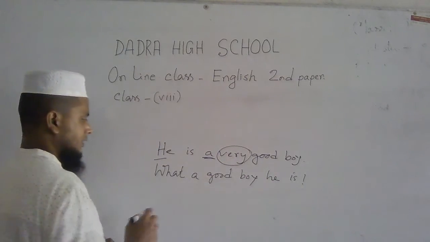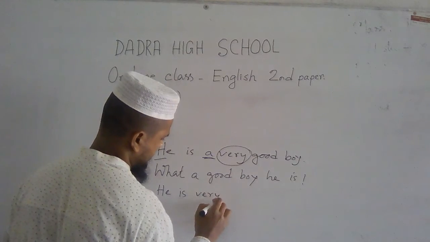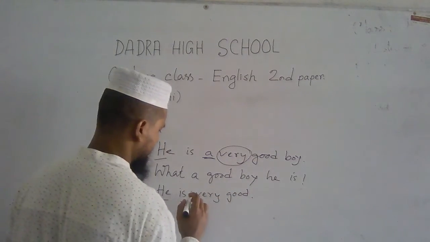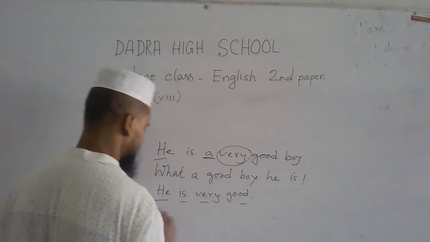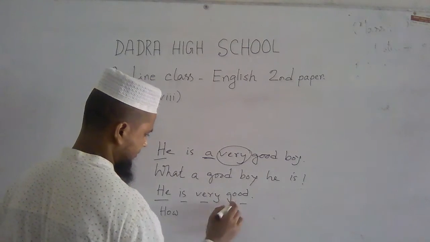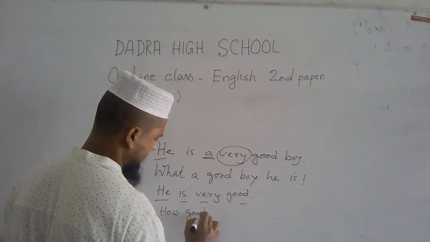Okay. Similarly, he is very good. Subject, verb, there is no article, extension. And in that case, you will take how good. In that case, you also give up very.